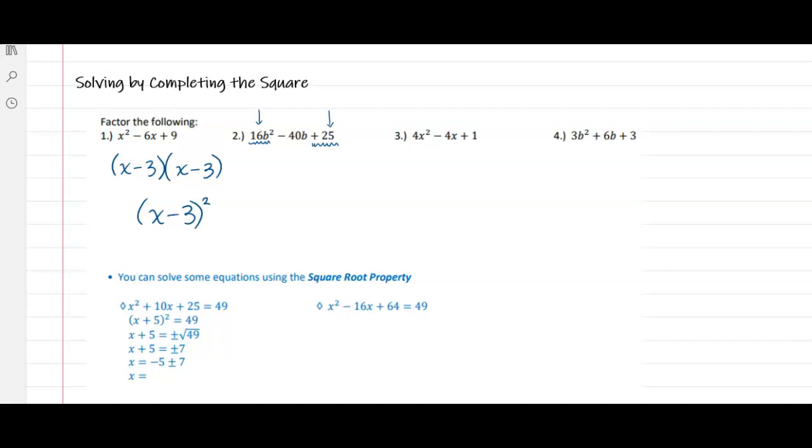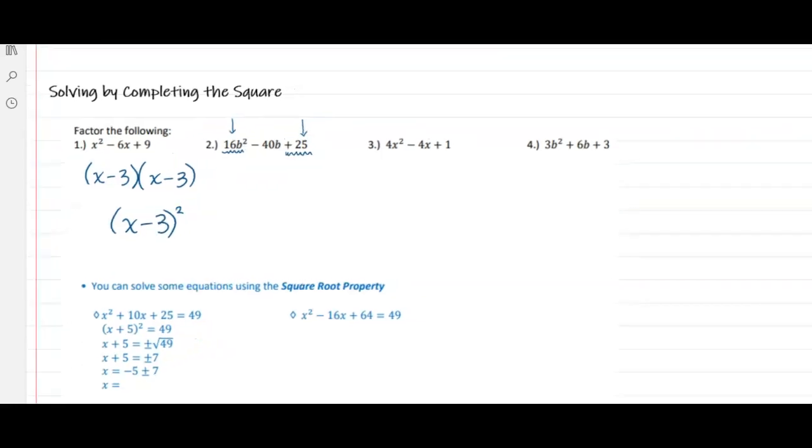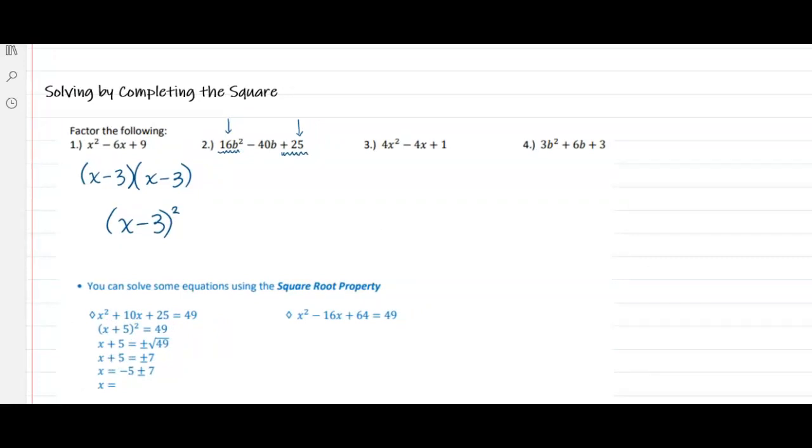When that happens, we actually don't need to go to the trouble of saying 16 times 25, making a list of the factors and breaking it down. We can just apply our property that says write the square root of the first term, which would be 4b, the square root of the last term, which would be 5, and we want it to be negative. And there we have it.